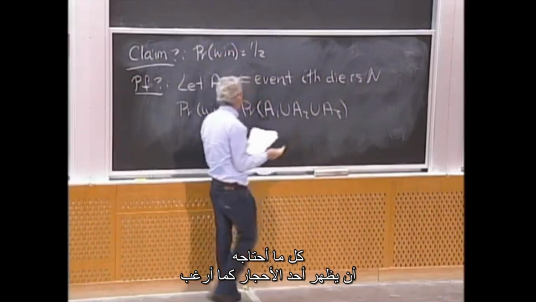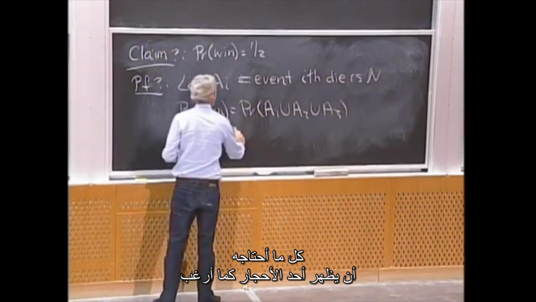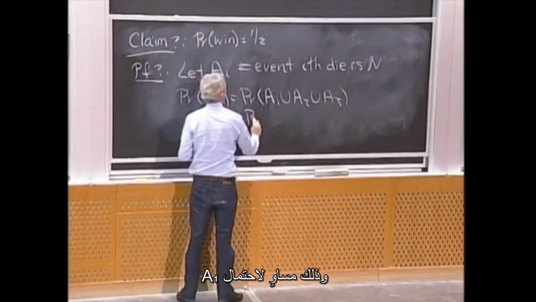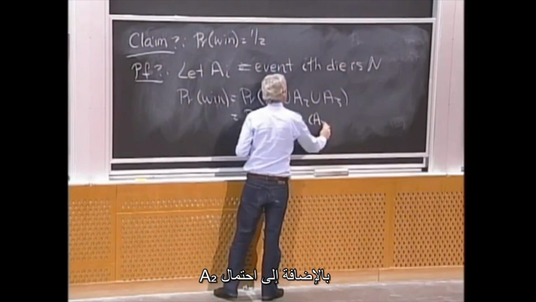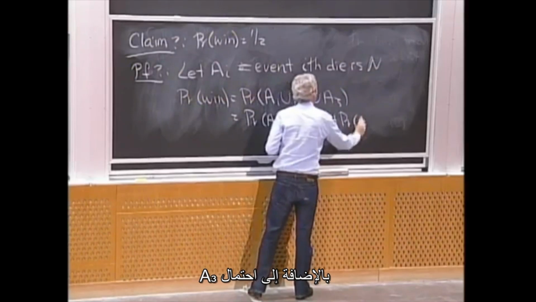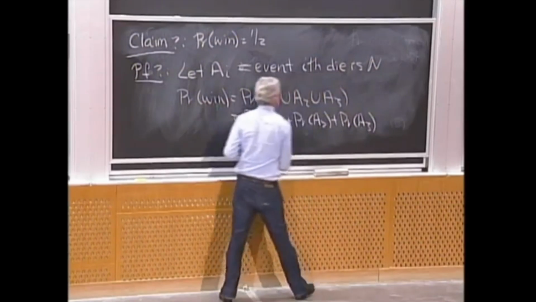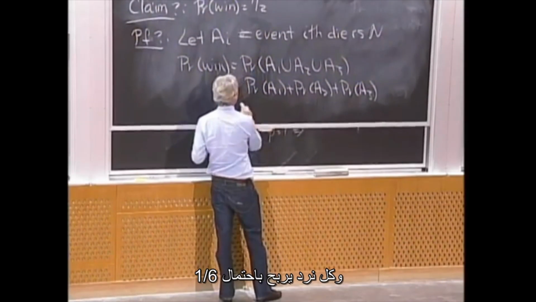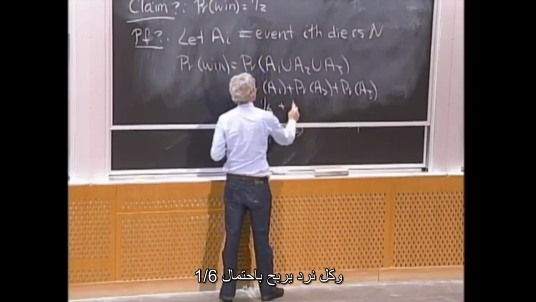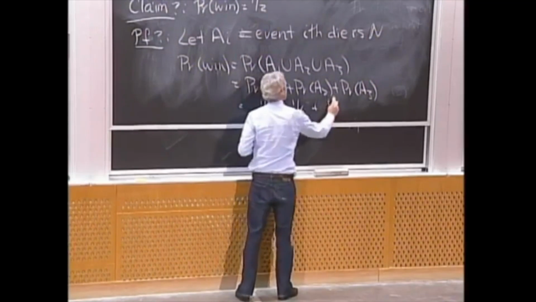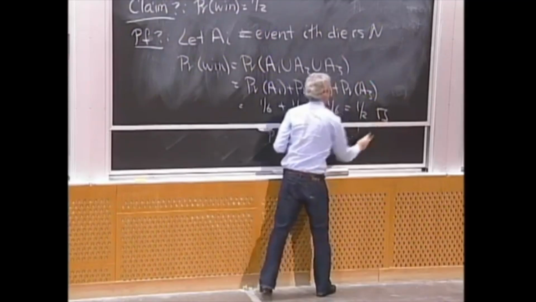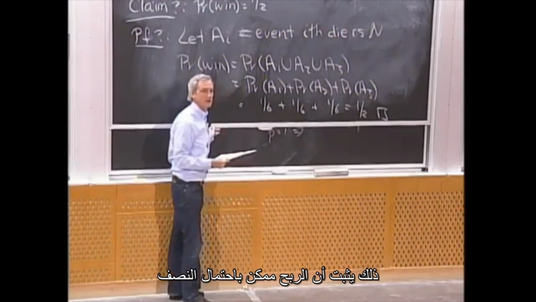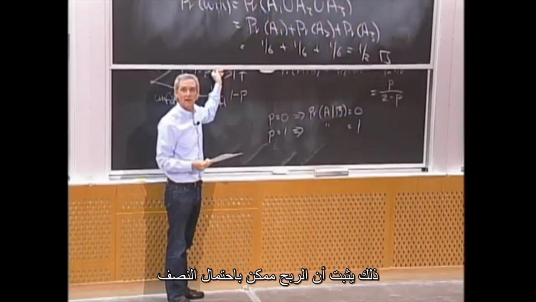All I need is one of the dice to come up my way, and that is the probability of A1 plus the probability of A2 plus the probability of A3. And each die wins for me with probability 1/6, and that is then a half. So that's a proof that we win with probability a half.